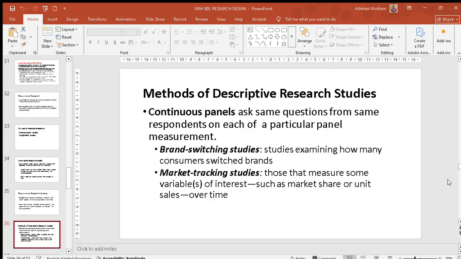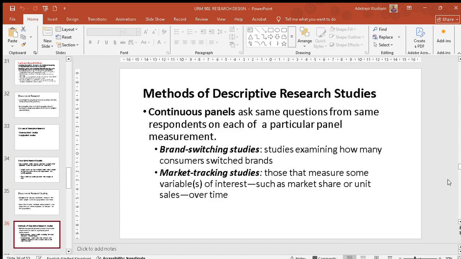That shows that we can come to ask a question within a particular month, or after some time, you come back again to ask the same question. This is what happens when you're talking about this kind of continuous panel: asking the same question from the same respondents, not necessarily at the same time, not necessarily close by in time. You can start and again see what you end up with.